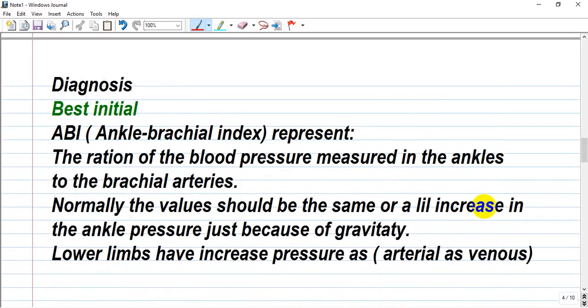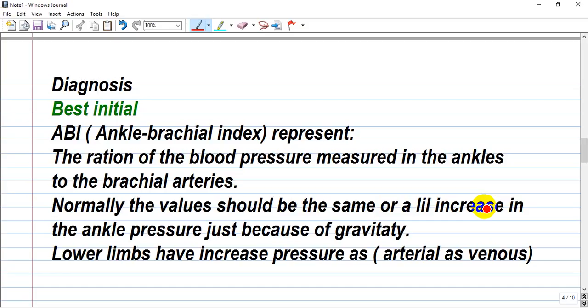So how to diagnose the disorder? The best initial test is the ankle brachial index. By definition, let's see what this test consists of. It's blood pressure measured on the ankle arteries and on the brachial, and a ratio between them will show us the deviation.